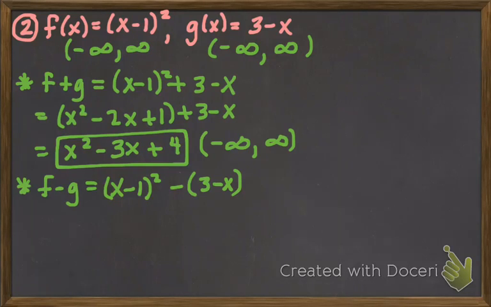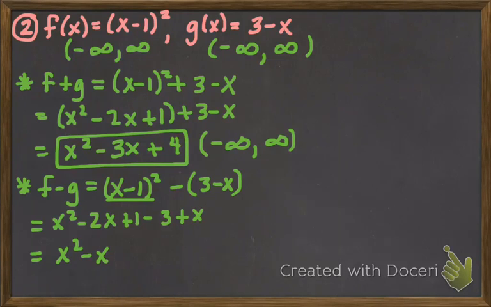So that gives us x squared minus 2x plus 1 from expanding our binomial, minus 3 plus x. When we combine like terms, we get x squared minus x, because we have a minus 2x and a plus x, and plus 1 minus 3 is minus 2. So that is the difference of these two functions.